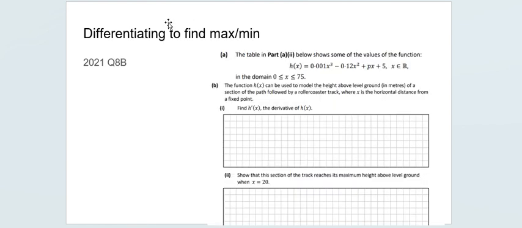Differentiating to find a max or a min. So the important thing here is just understanding that you need to differentiate it as normal. So you're going to differentiate that function and then you let it equal 0. The reason you let it equal 0 is because that's where the slope will be 0.